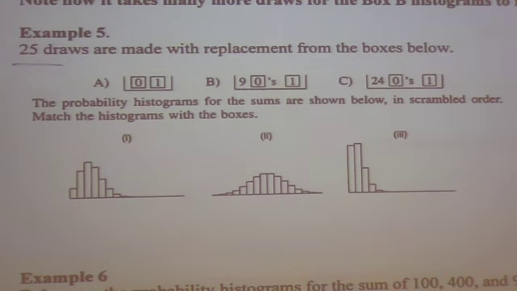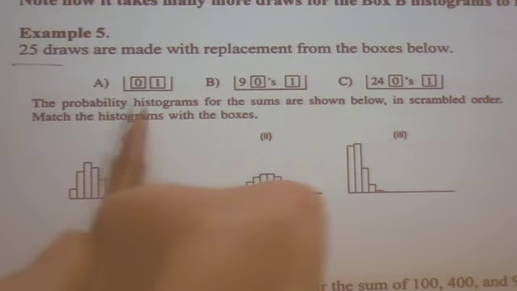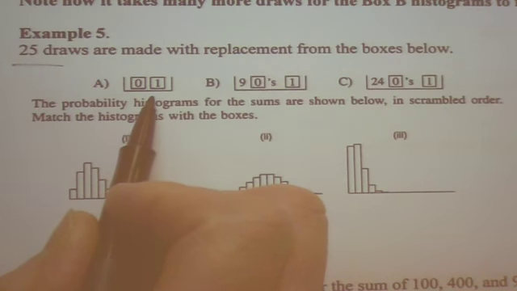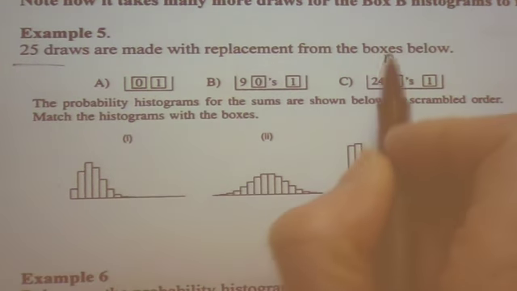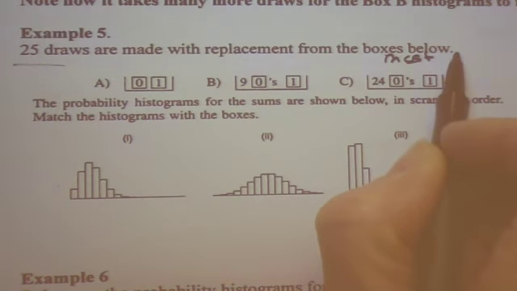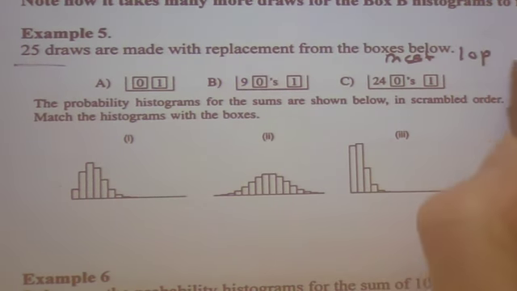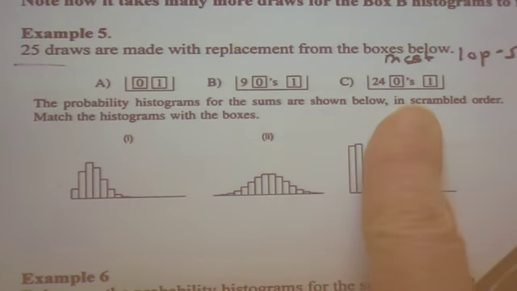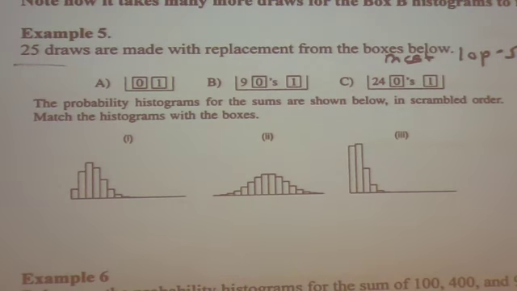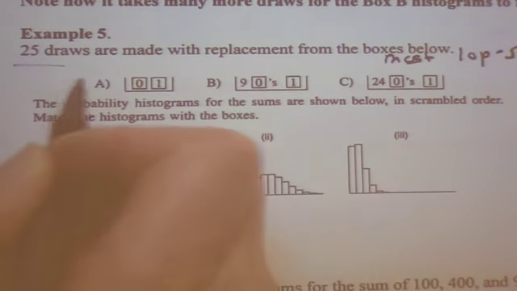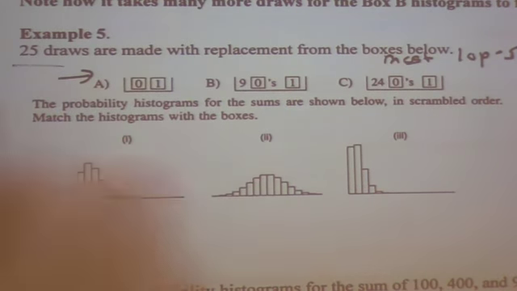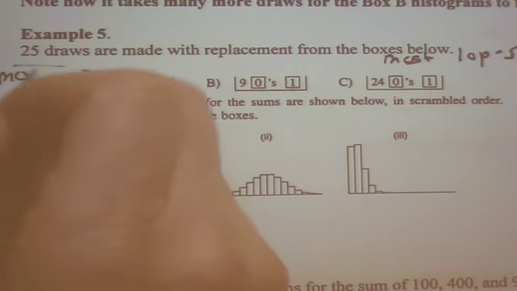So, let's look at this. Now, this looks the most normal to begin with. And this is the most lopsided. Most lopsided right here. This one. You see it has 24 zeros and 1 one. So that's really lopsided. And this one is the most symmetric.